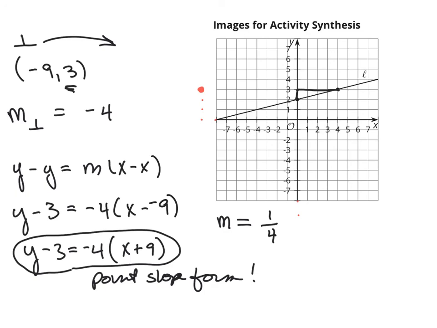My rise is going to be 1, down 4: 1, 2, 3, 4, with a run of positive 1. That's terrible. Okay, that should be perpendicular. Fail on my part. Sorry. Good job today.